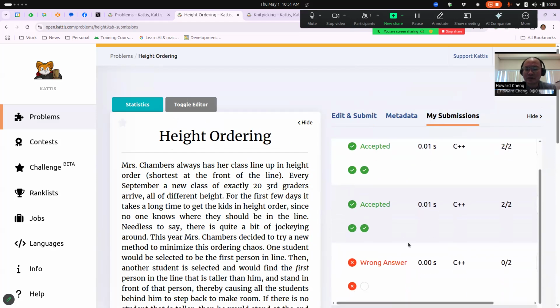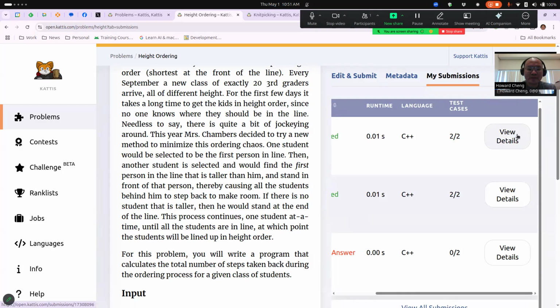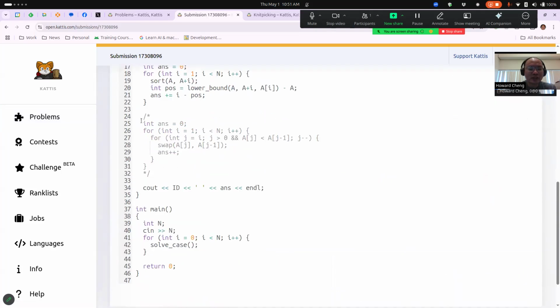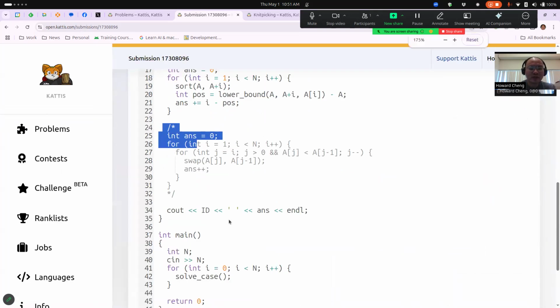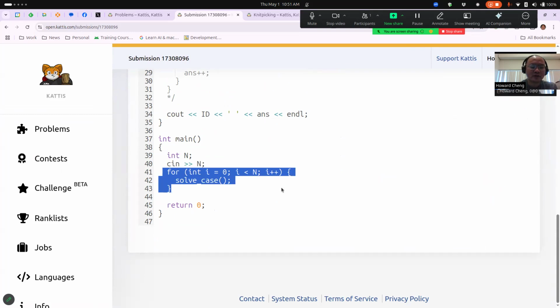Yeah, again, you see, I didn't even bother reading the problem and I got it wrong in the sample input the very first time. But anyway, I have two versions here. Okay, so let me just start with the main program. So the main program, I start with the number of cases, and then I just write a for loop that calls a function called solve case.